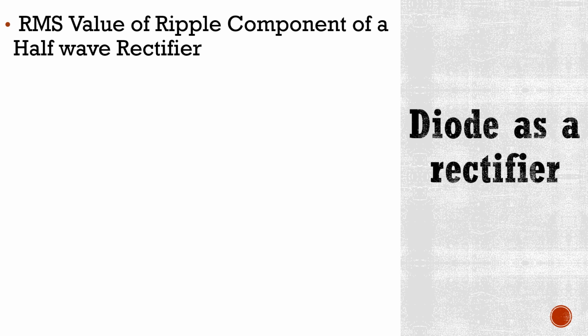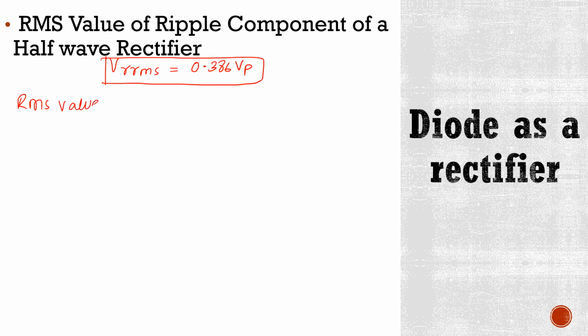Now we will derive the RMS value of the AC or ripple component of a half wave rectifier. In my previous slide, I mentioned that the RMS value of this ripple component is 0.386 Vp. Now, how do you get this value? Here we'll use the formula of RMS value. This RMS value is the effective value of varying current or voltage.